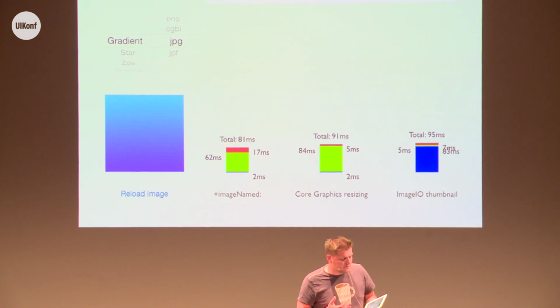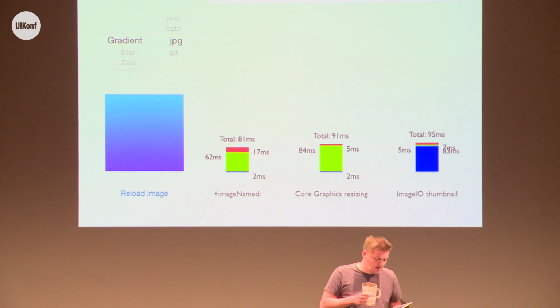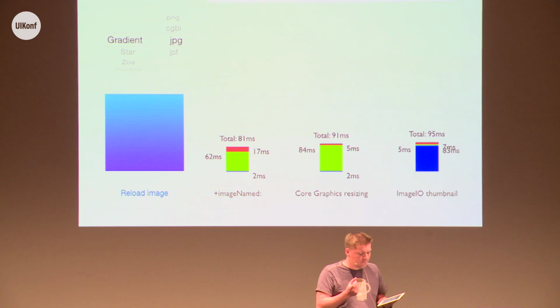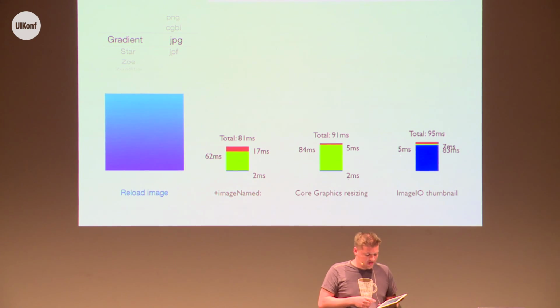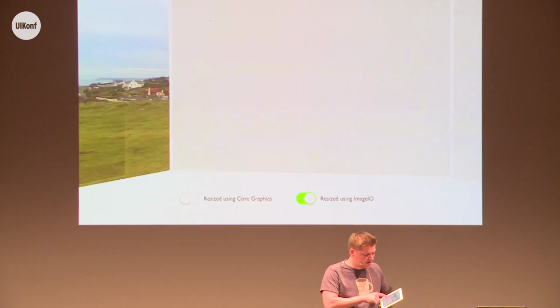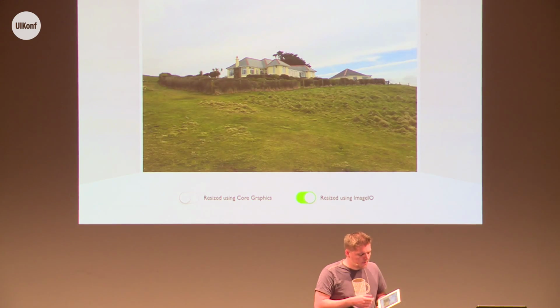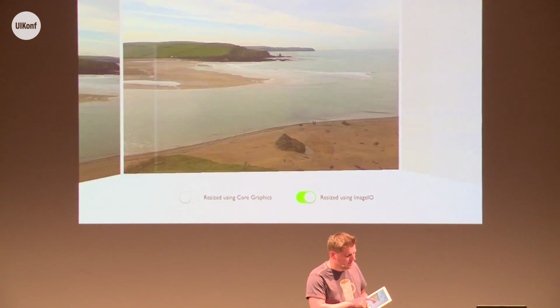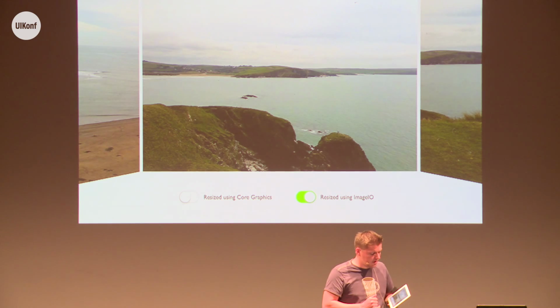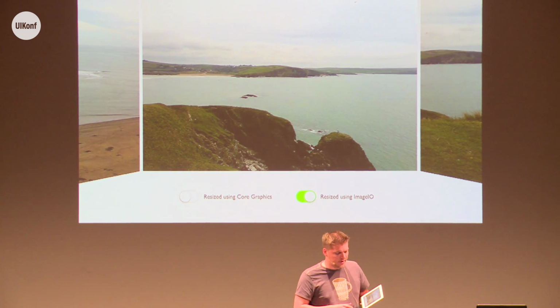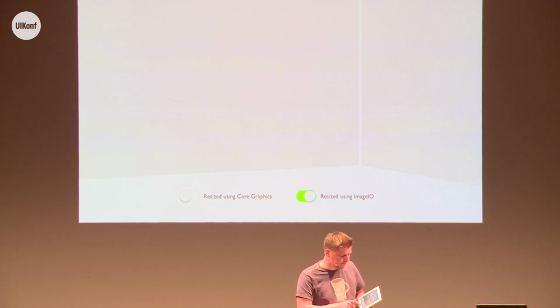So basically, for anything except regular PNGs, if you need a small version, if you need a thumbnail, you're better off generating it using Image I/O rather than drawing it yourself. And if we try our carousel again, resizing using Image I/O, it's perfectly smooth. Again, it still takes a little while, but it's not blocking the main thread at all. And this is downscaling from 3264 to 1400 pixels in real time as I'm going.